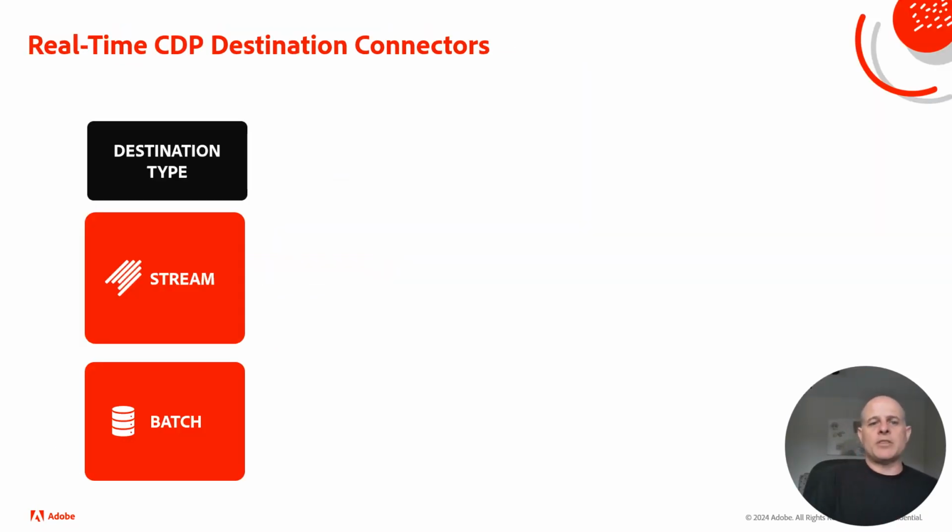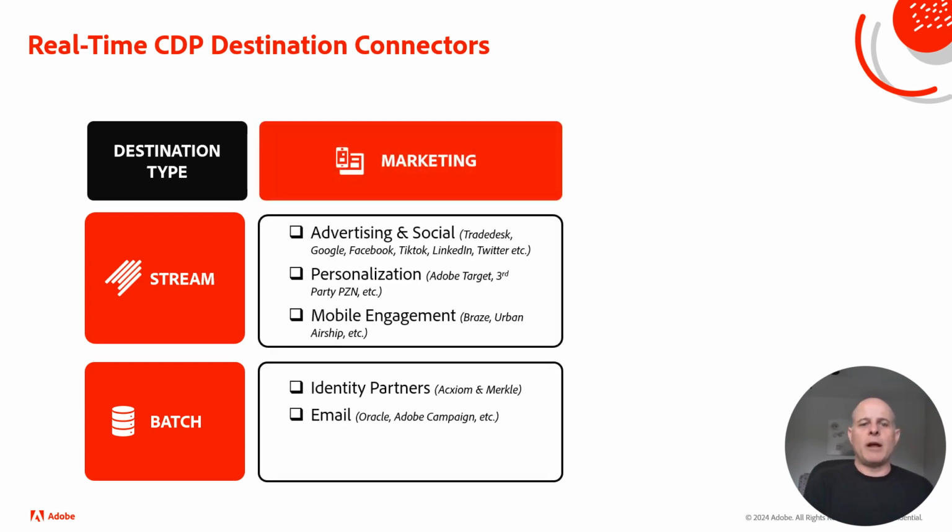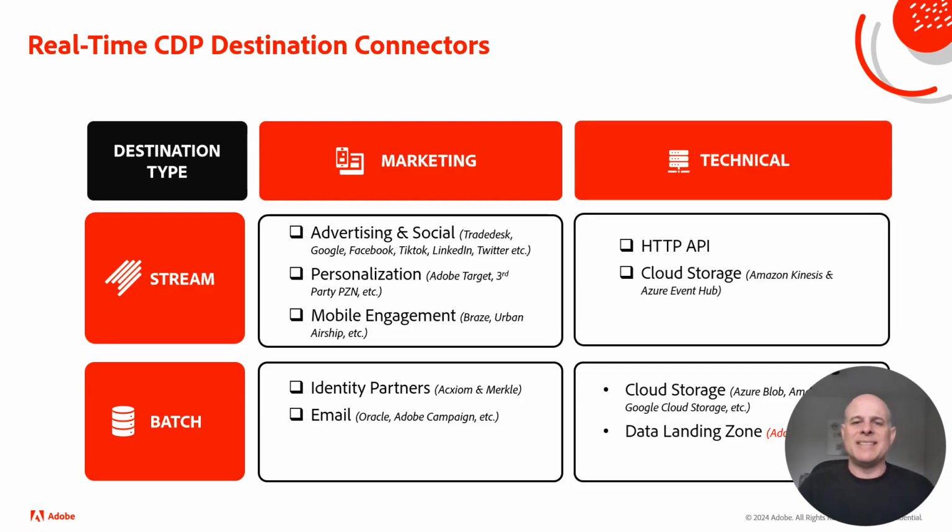So let's talk about some of these destination connectors we've been going through. Destination types roughly break down into two: we've got streaming and batch. Now each one of these destination connectors roughly breaks down into two types, as I like to go through. One is more marketing oriented, one is more technical oriented.